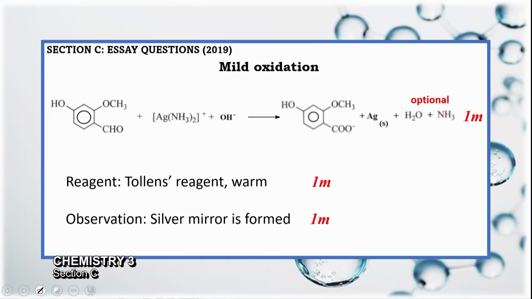And of course, like I said just now, the correct observation for the mild oxidation reaction is a silver mirror formed, and you get another 1 mark.